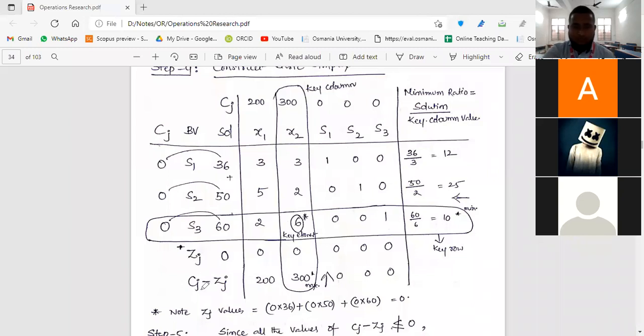Next, Cj minus Zj. So Cj value is 200 minus 0. Zj value is 0. 200 minus 0 is how much? 200. 300 minus 0 is how much? 300. 0 minus 0, 0. 0 minus 0, 0 minus 0.